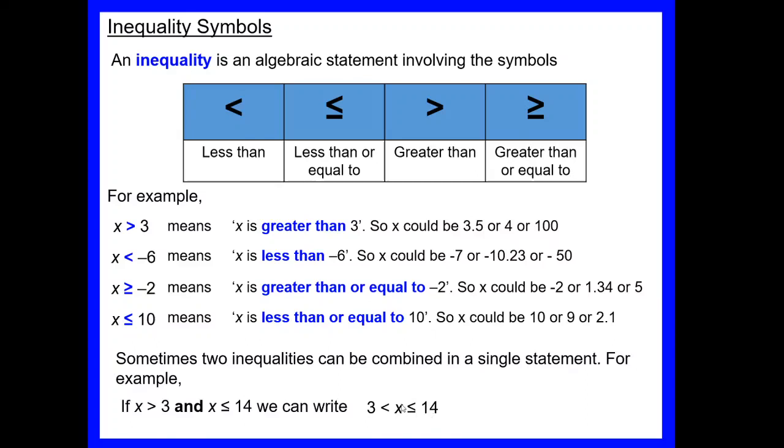So that's essentially telling us that x is a number between 3 and 14 where we don't include 3, but we could include the number 14. So sometimes we have these double ones where a value suits 2 inequalities at the same time. So we're going to look at all these different types today.